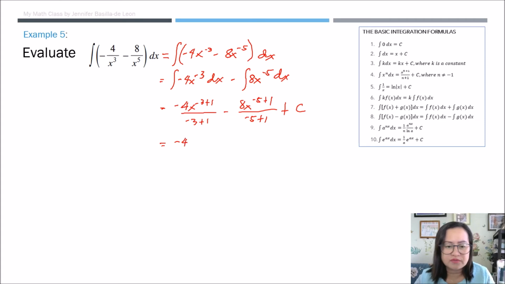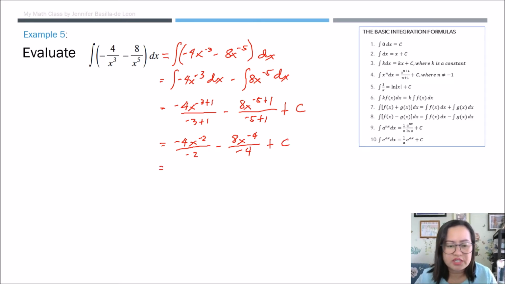Simplifying, we will have negative 4x raised to negative 2 over negative 2 minus 8x raised to negative 4 over negative 4 plus c.